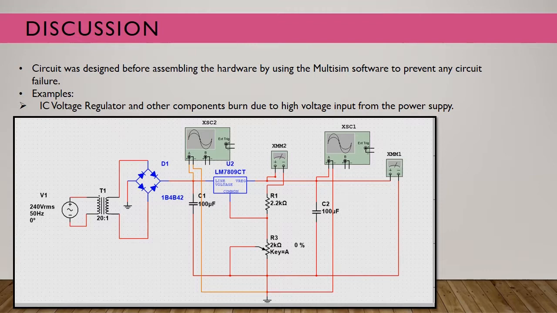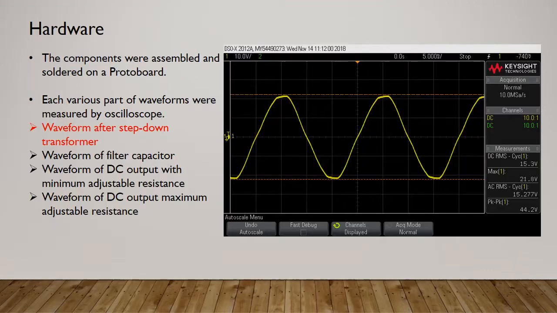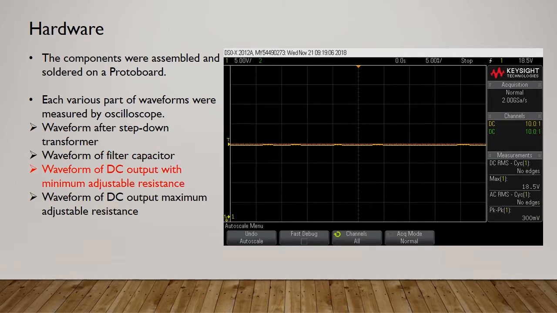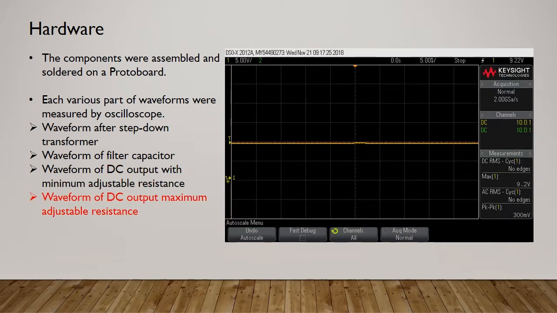This figure shows the circuit that we designed using Multisim. We measure the waveform after the step-down transformer, the waveform of the filter capacitor, the waveform of DC output with minimum adjustable resistance, and the waveform of DC output with maximum adjustable resistance.